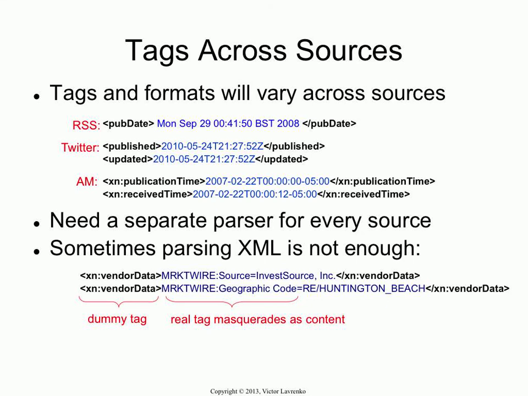Now, why are they doing that? Why on earth don't they have a tag for geographic code, and then the value of that is Huntington Beach? The answer is, at some point, people became really frustrated with the plethora of different tags that you could have for the same thing: pub date, published, publication time, and they decided to standardize. In the news domain, they invented something called NewsML, and they said, okay, we're going to come up with a standard set of tags that everybody's going to use, and everybody's going to be happy.